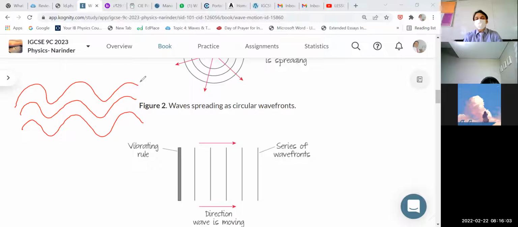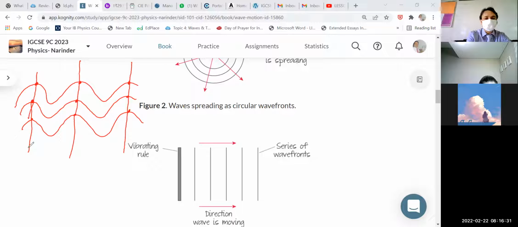As per the definition, join all the crests. So this is my first crest, with another one, and another one. If I join all the points on the crest, the next crest is here, here, and here. If I join them, and the next one is here, the next one here, the next one here. So I can see all these three lines, and this one, and this one, are plane wavefronts of a wave.